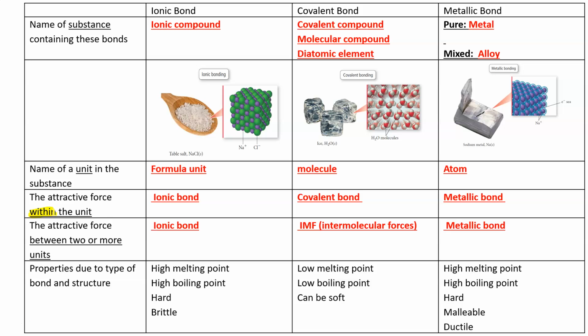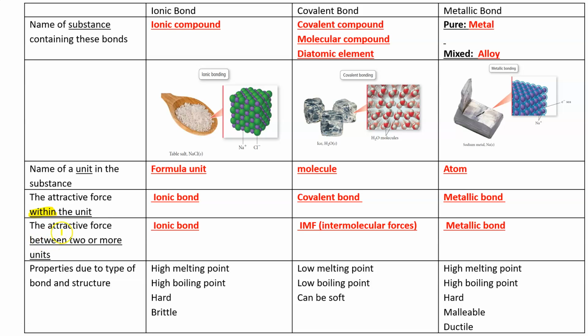We're talking about the bond that holds the smallest particle together. It's an ionic bond in ionic compounds. Within a covalent compound, it's the covalent bond. We're talking about that bond between hydrogen and oxygen in this case. And the metallic bond is what holds the metals together in metallic bonding.